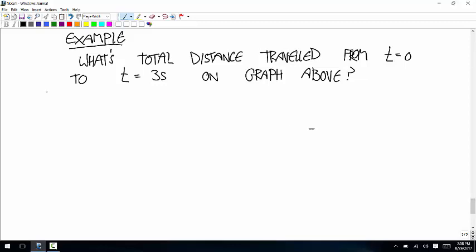Okay, so here's a number line. Here's the 0 position. Here's +1, +2, and here's -1. The object starts out at position 1. That's at time equals 0.